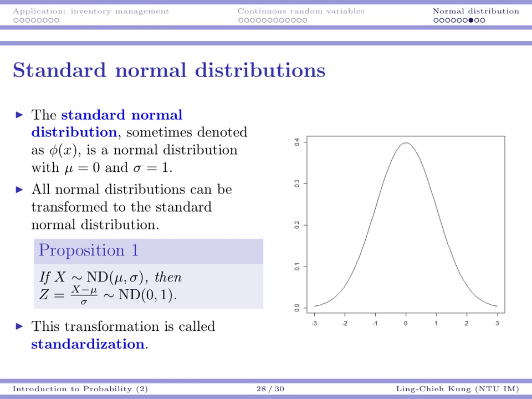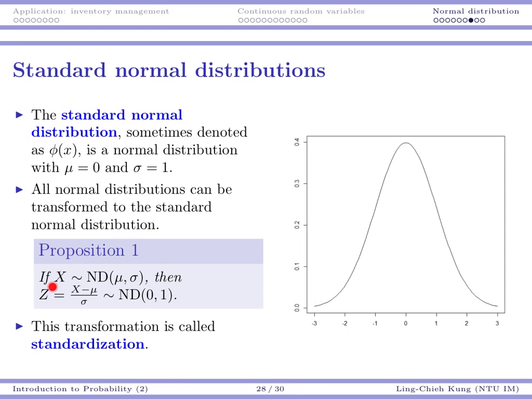Okay, so when we fix the two numbers to be 0 and 1, we have something special called standard normal distributions. Standard normal distribution is a very interesting thing, because in fact, all the normal distributions are equivalent, because you can transform this to that to another one, and all the normal distributions can actually be transformed to the standard one.